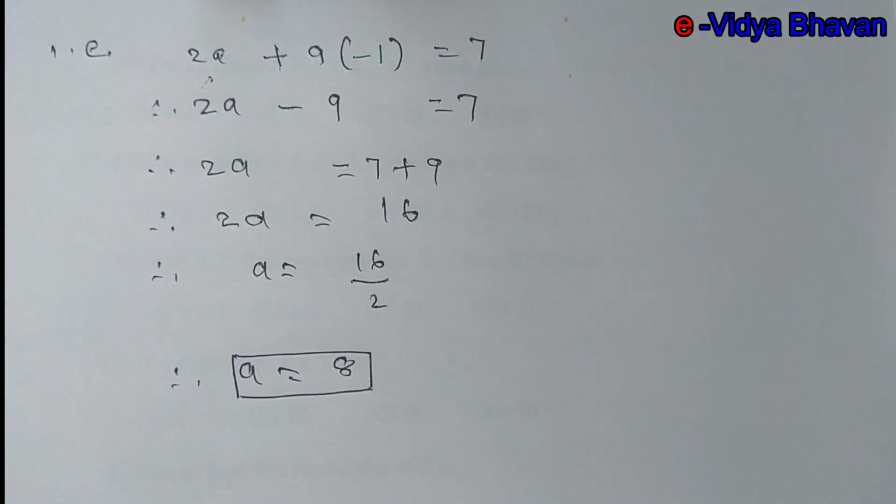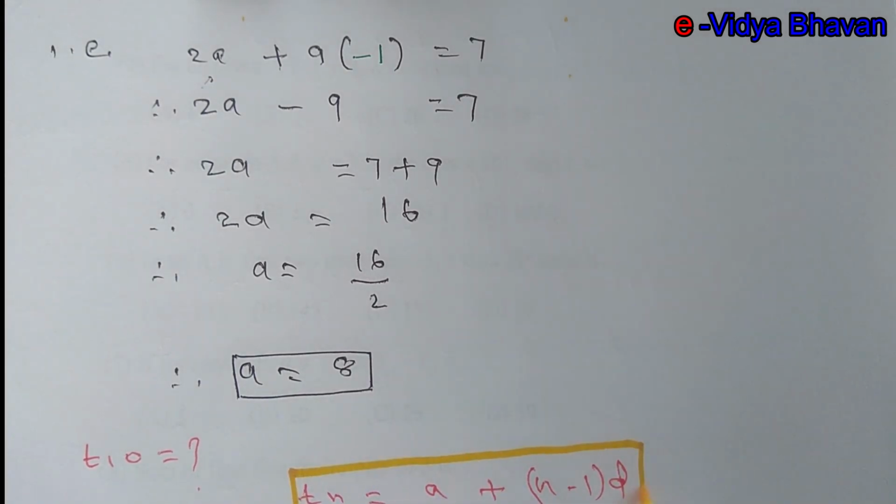Now the question says, find the 10th term. That is, T10 is question mark. Again we'll use the formula for 10th term. Tn is equal to a plus n minus 1 d. Substitute the values.